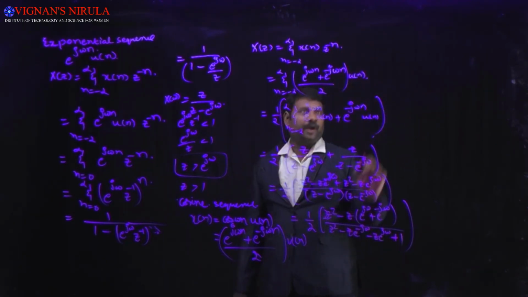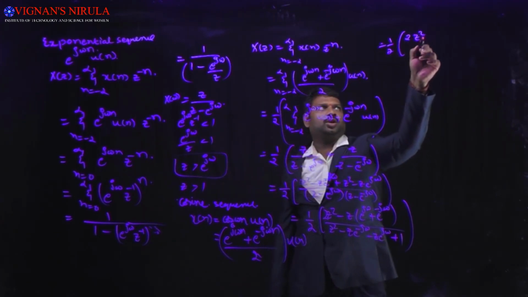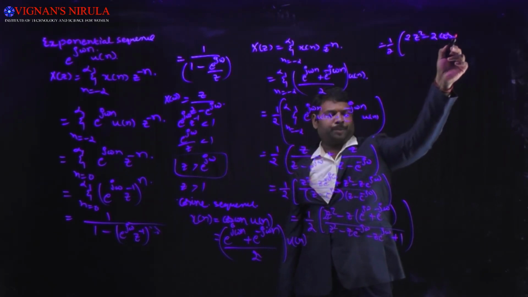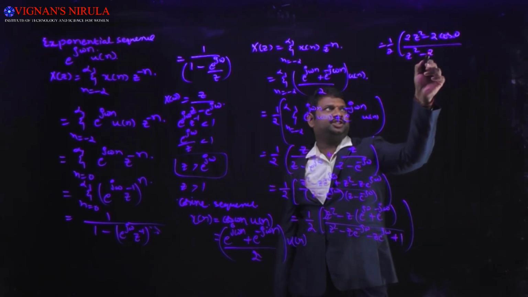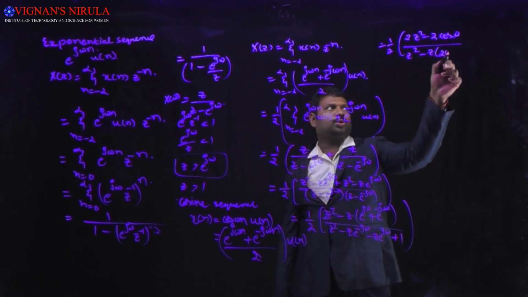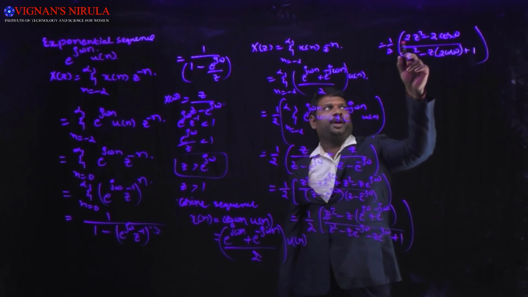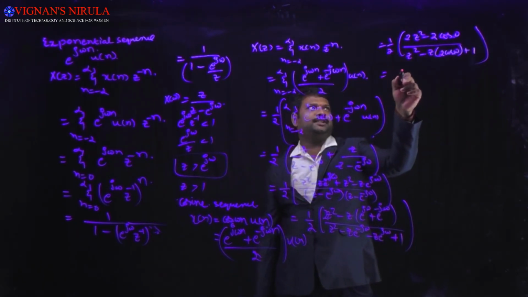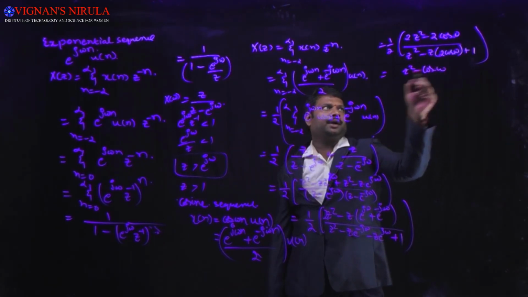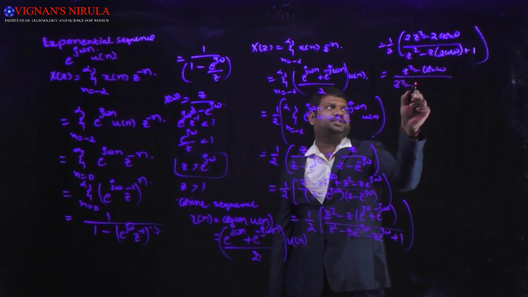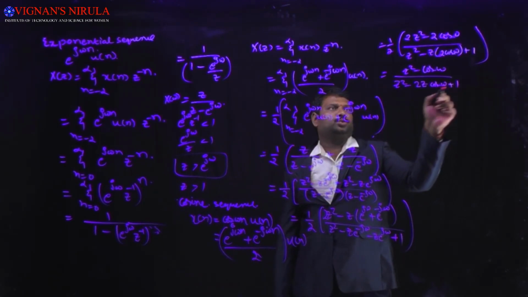That's 1 by 2 into 2 Z square minus 2 Z cos omega by Z square minus 2 Z cos omega plus 1. In the numerator, take the 2 as common and cancel it. We'll get Z square minus Z cos omega by Z square minus 2 Z cos omega plus 1.